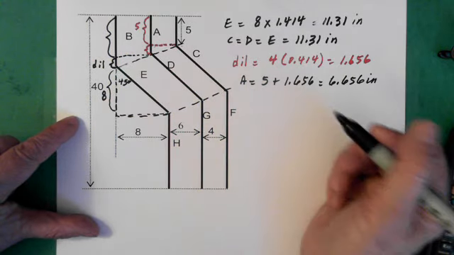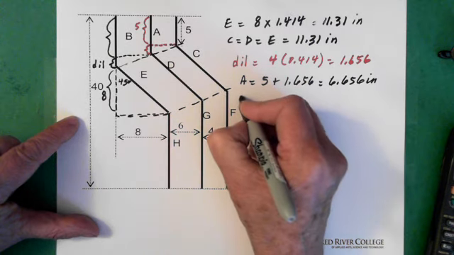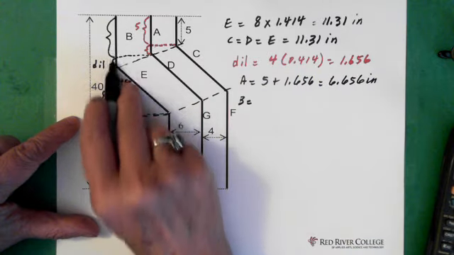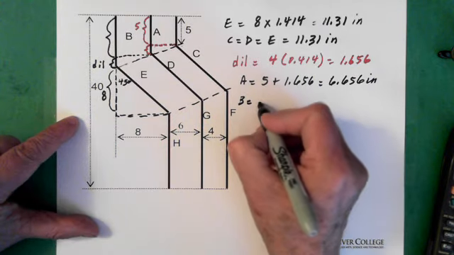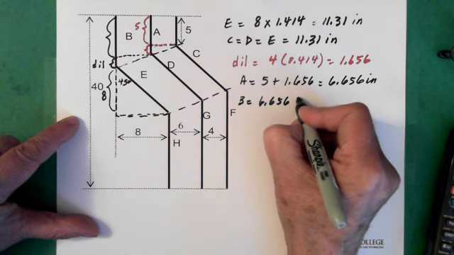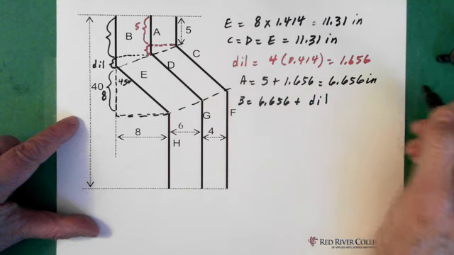So now for this next piece, we have B, which equals this length of A, which is 6.656, and then we add it to the difference in length, okay?